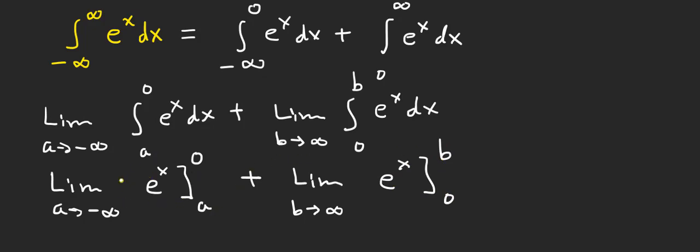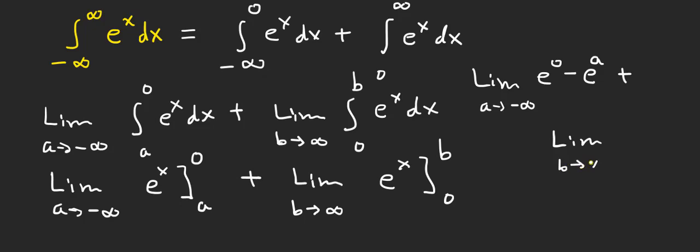So you get the limit as a goes to negative infinity of e to the 0 minus e to the a, plus the limit as b goes to infinity of e to the b minus e to the 0.